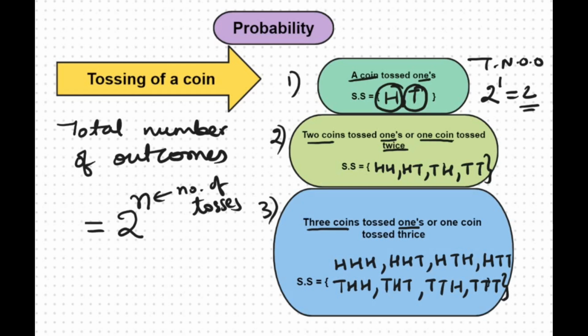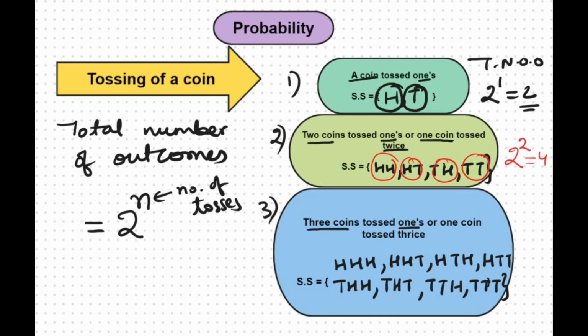In the second case, 2 coins tossed once. 2 coins tossed once is the same as a single coin tossed 2 times. So 2 to the power number of tosses. Single coin is tossed 2 times. 2 to the power 2 is 4. So here we have 1, 2, 3, 4. 4 number of outcomes.